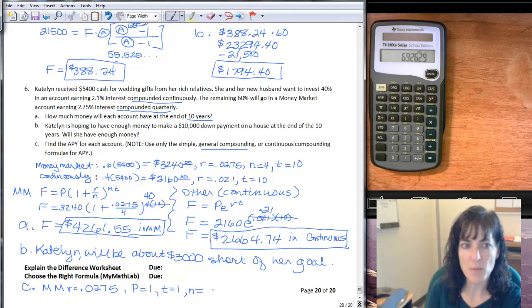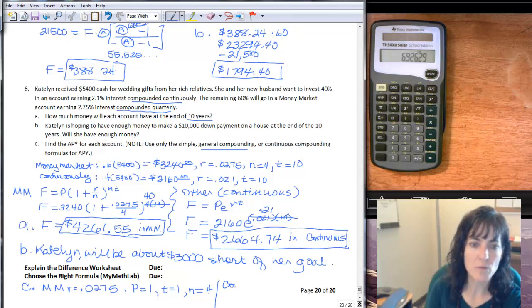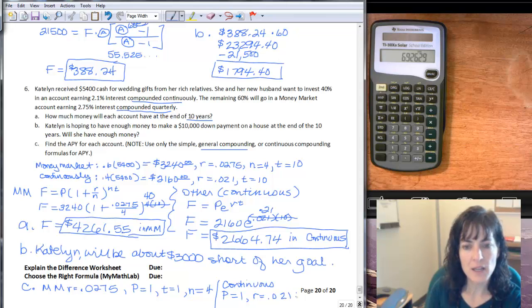And we'll use the same N that we used before, which was a 4. And then we're going to plug that in. Then for the continuous, we will need to use P equals 1, of course. And we'll need to use the R equals 0.021, and T is 1.